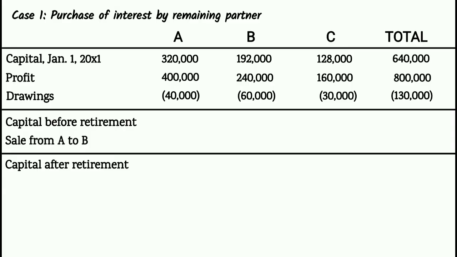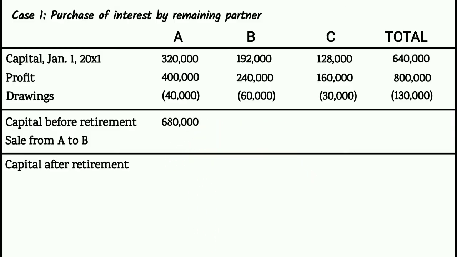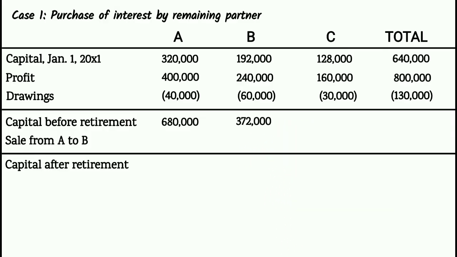At this point, pwede na nating makompute yung capital balances of the partners before retirement. For A, 320,000 pesos plus 400,000 pesos minus 40,000 pesos. Ilan yan? 680,000 pesos. For B, 192,000 pesos plus 240,000 pesos minus 60,000 pesos. That is equal to 372,000 pesos. For C, 128,000 pesos plus 160,000 pesos minus 30,000 pesos.